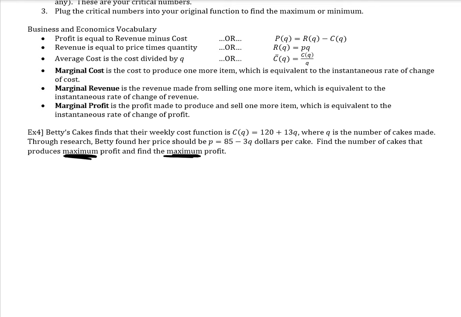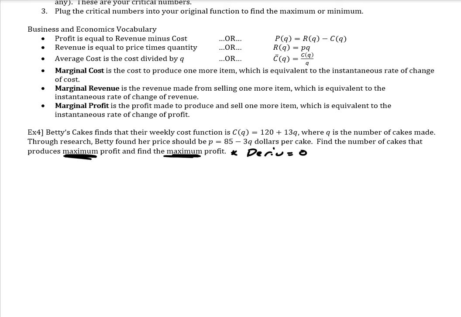Whenever you see the word maximum or minimum, it's telling you to get the derivative. So what we want to do is get our derivative and set it equal to 0 eventually. That's our main goal for these scenarios. With this, we still need to break down what we can use to get to this step.